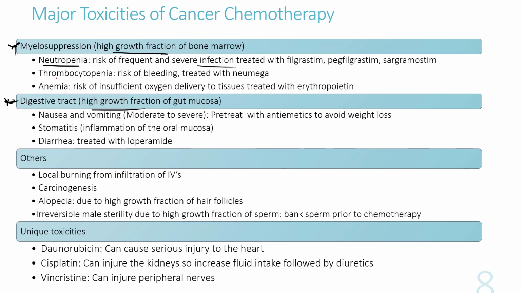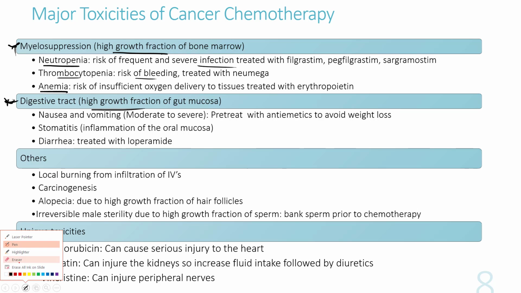You have thrombocytopenia, where you have a reduction of platelets, and that increases the risk of bleeding. You can see over here there are certain drugs that help to treat these various types of myelosuppression. The third type of myelosuppression is a reduction in red blood cells, which leads to anemia. If a person is anemic, they don't have enough red blood cells to deliver oxygen, and that can be treated with a drug.